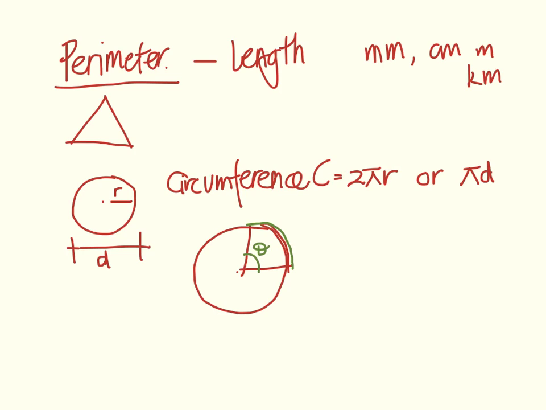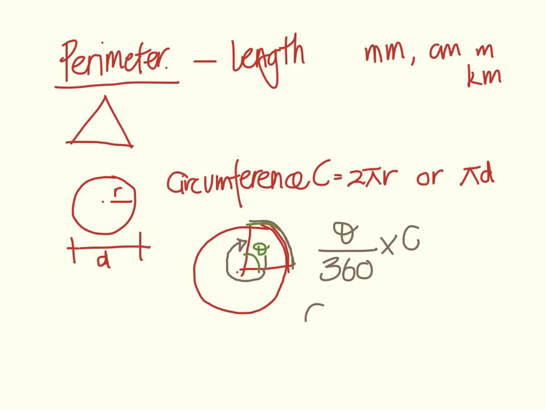We know that the angle all the way around the circle is 360 degrees, and so the fraction of that arc is expressed as theta divided by 360, and then we multiply that by the circumference.